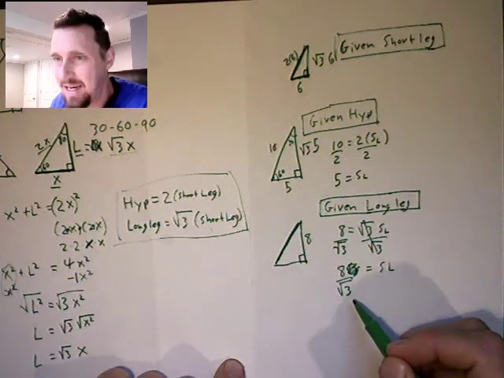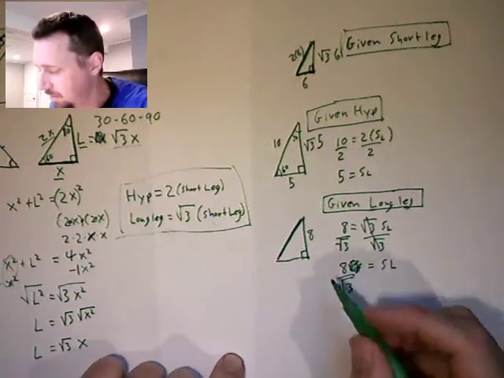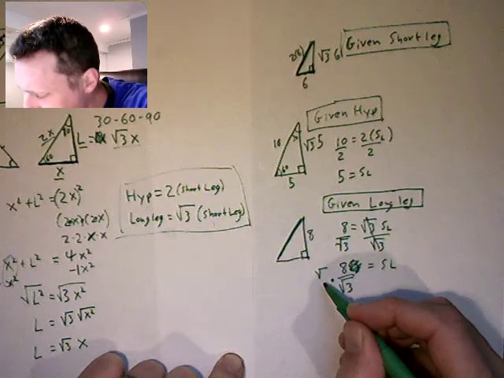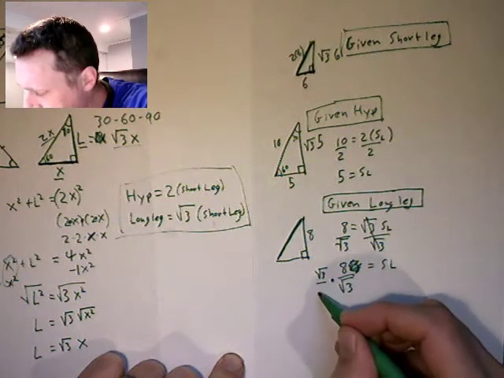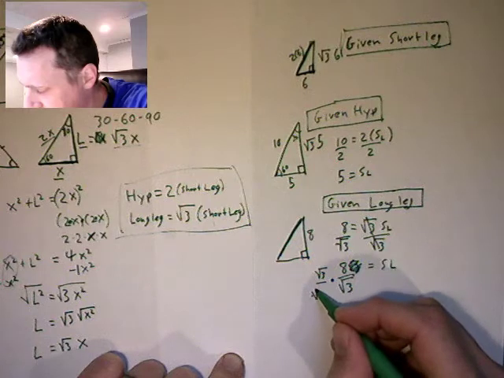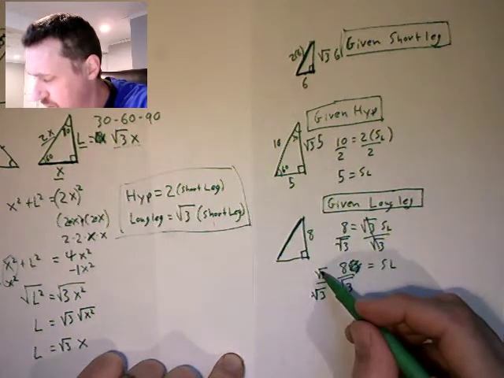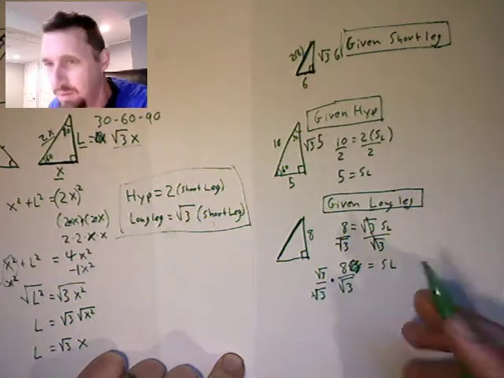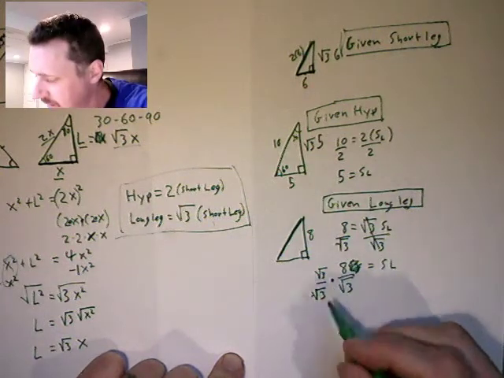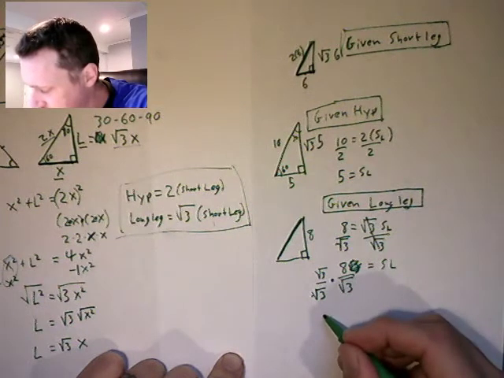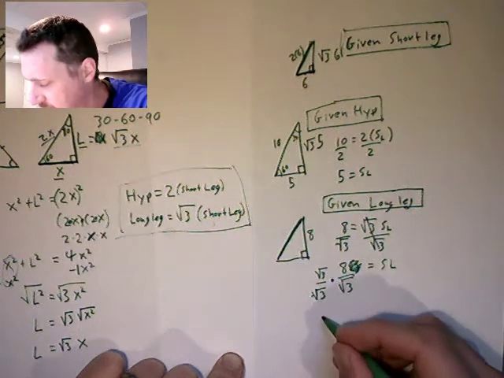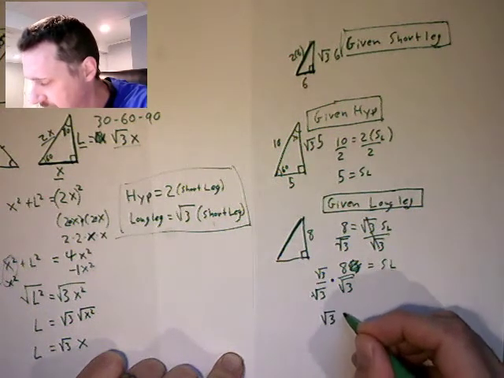Now I cannot have a radical in the denominator, so I must use my clever form of 1. This time it's going to be root 3 divided by root 3. So root 3 divided by root 3 equals 1. So I'm just multiplying this side by 1. I'm not changing anything. And what I end up with is, on the top of my fraction, I have root 3 times 8.